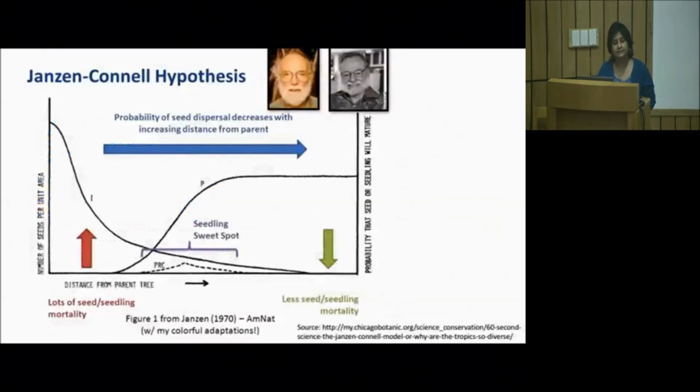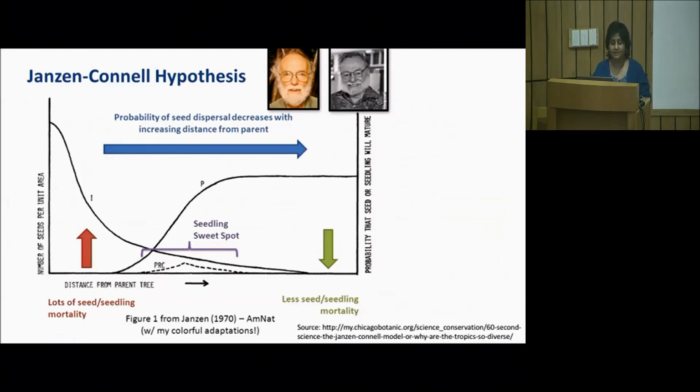One of the main hypotheses that drives a lot of the seed dispersal research is now known as the Janzen-Connell hypothesis or model, and it was proposed almost simultaneously by Dan Janzen and Joseph Connell.